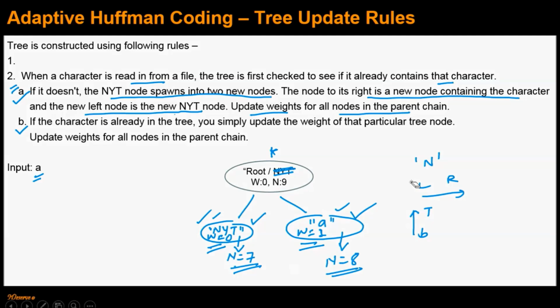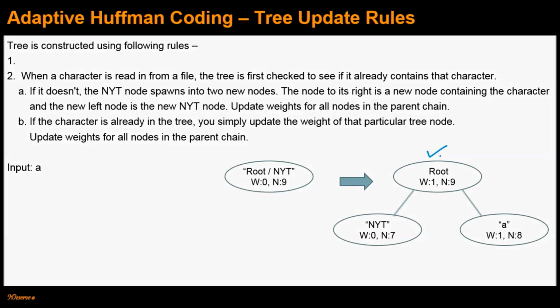Now as we have discussed in the previous slide, the weight for the parent node should be the sum of the weights of its two child nodes. So this weight of 0 would now be updated to 0 plus 1, which is 1. So this weight would be updated to 1. Overall, after reading the first input character A, the tree would be modified to this particular tree.